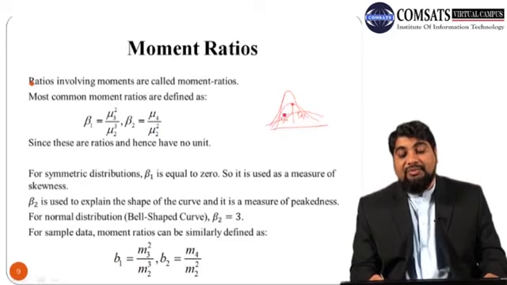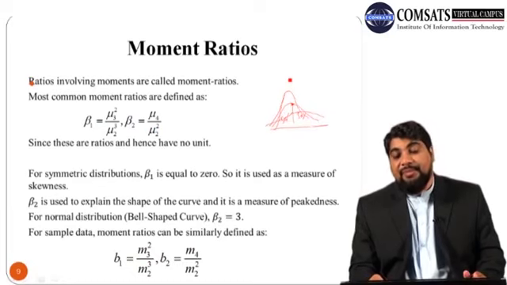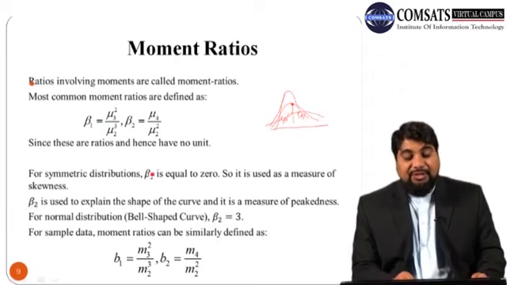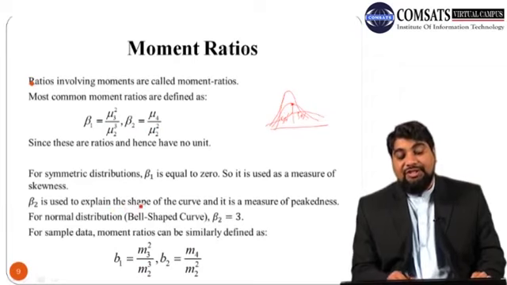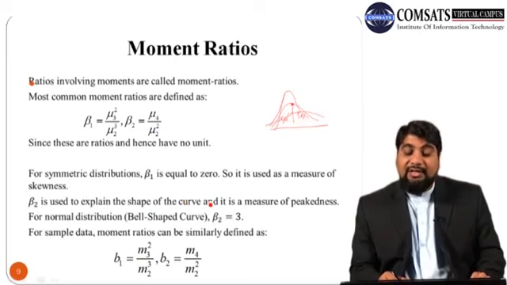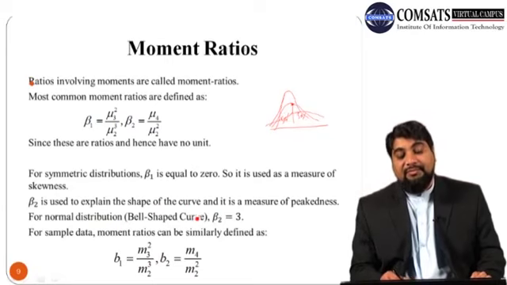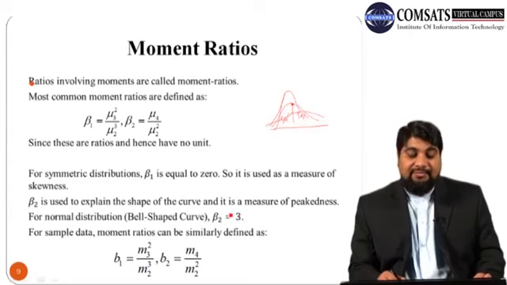If we take this middle line as the exactly bell-shaped curve, we can check whether this peak is above or below this normal curve. For normal distribution, which is a bell-shaped curve, beta 2 is always equal to 3.